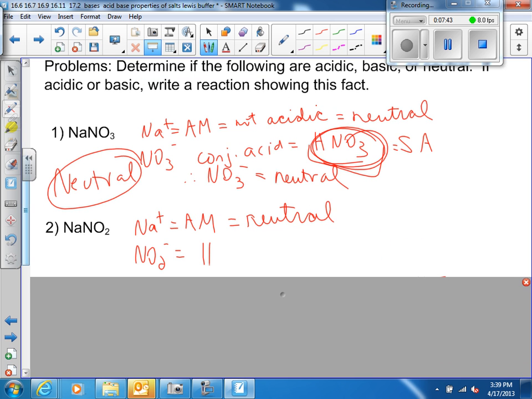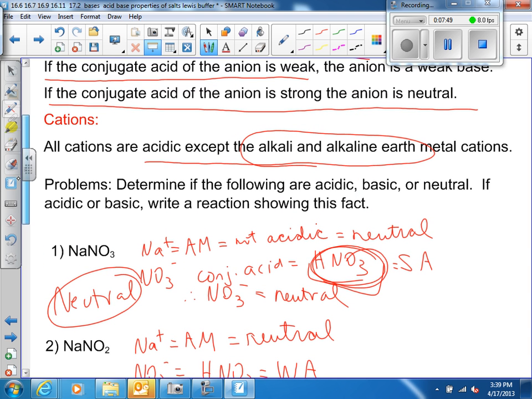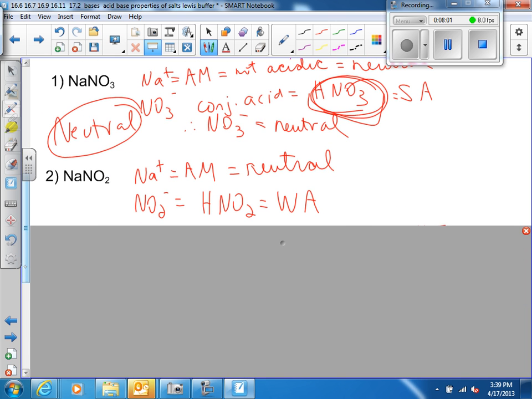HNO2 is the conjugate acid, which is a weak acid. Let's read our instructions again. If the conjugate acid of the anion is weak, the anion is a weak base. HNO2 was weak, therefore nitrite is a weak base.